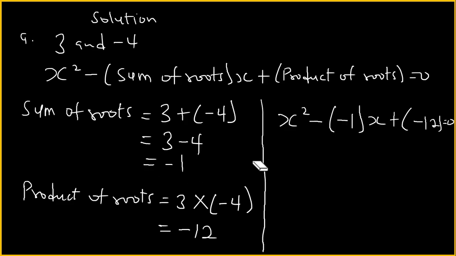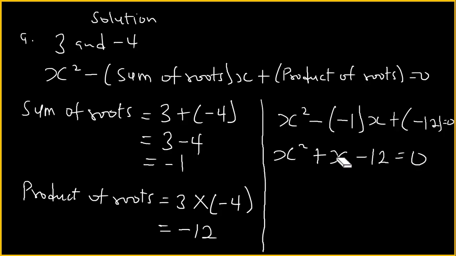So let's simplify. X squared minus minus tends to addition, so plus 1x, and 1 times any number gives us the same number. So the variable x plus minus 12 also gives us minus 12 equals 0.